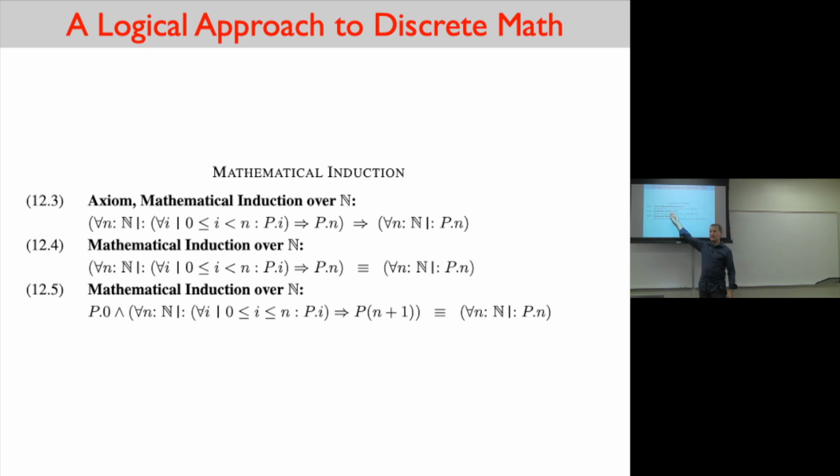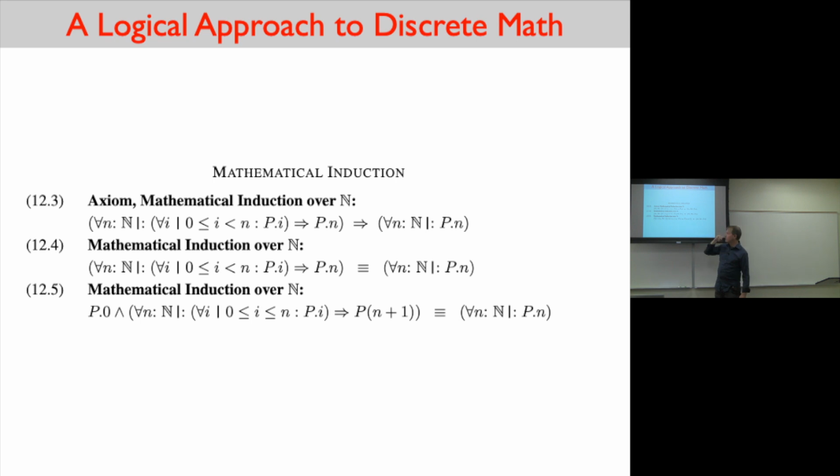Is there an infinity of truths on the left-hand side? No. If you can show that in general p dot i being true up to but not including n implies that it's true for the nth one, that's just one proof. Then you have shown it for an infinite number.